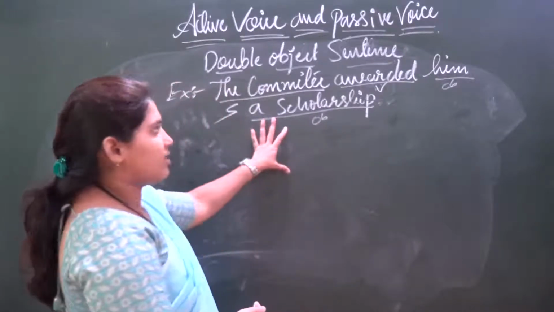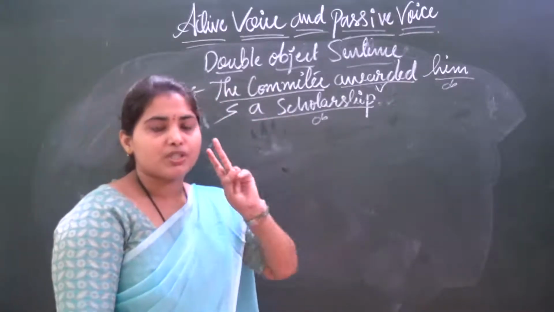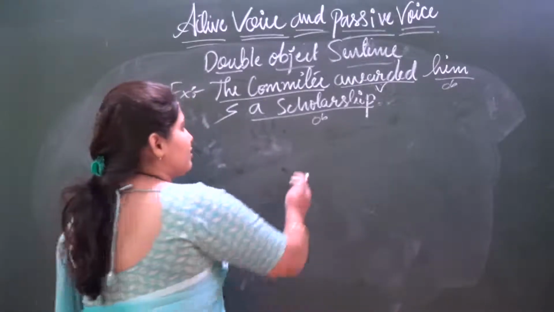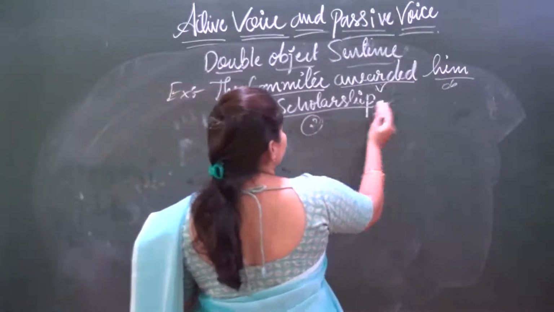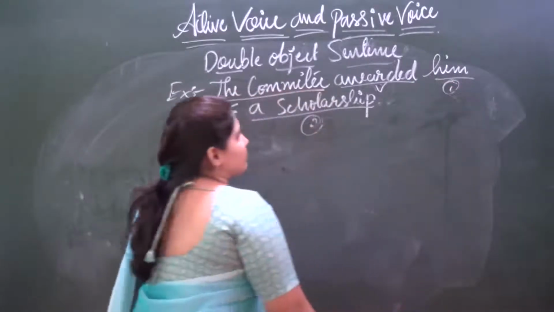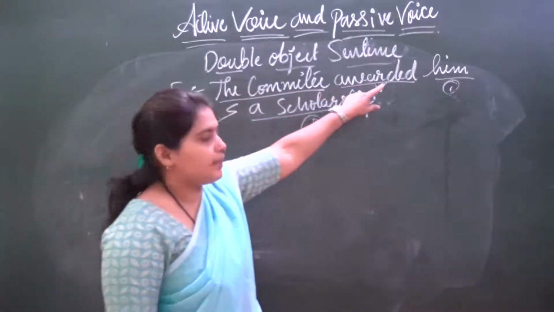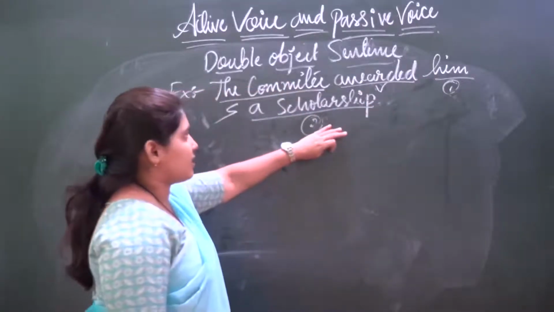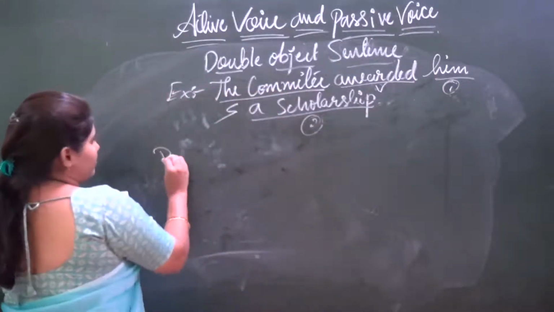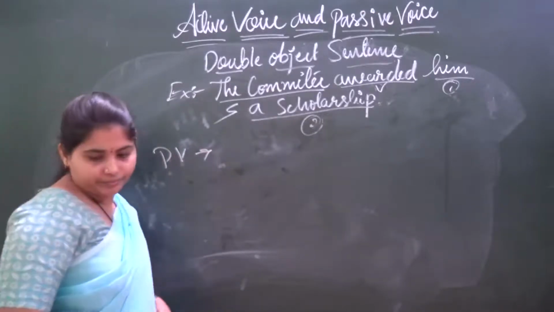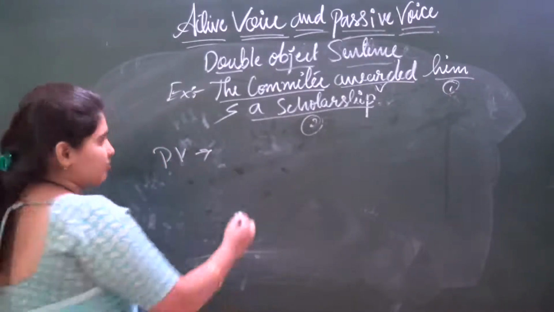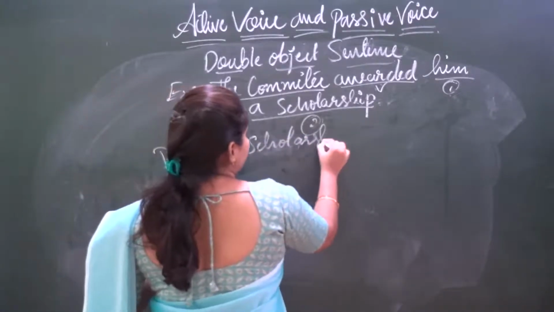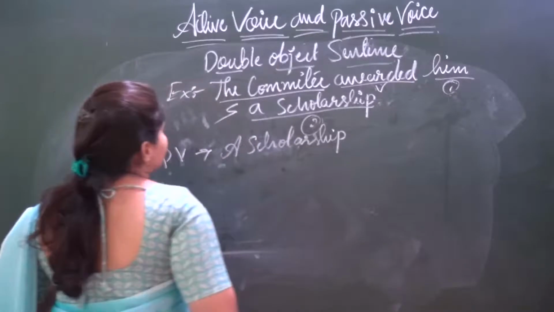Here in this sentence there are two objects. Which object you should take first, you can take any one. This is the second object and this is the first object. The action is done on whom? Him, right? He is the first object and this is the second. The passive form is: a scholarship, which tense is it?